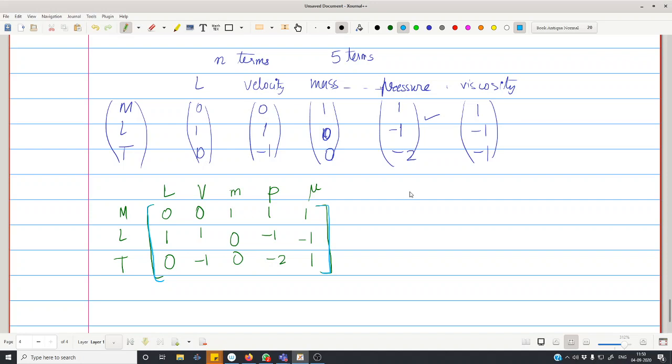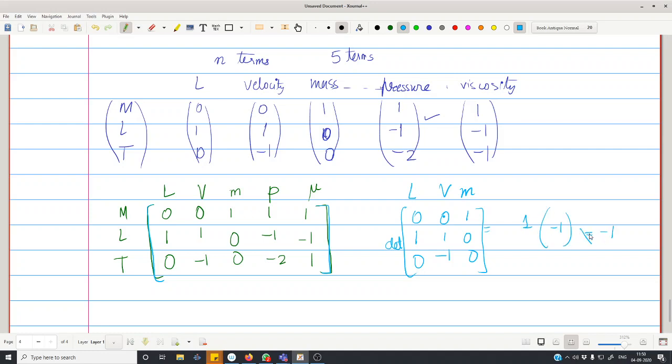Which are the three column vectors which you have used to find the rank? L, V, M. So let us choose L, V and M. The column vectors are 0, 1, 0, 0, 1, minus 1, 1, 0, 0. What is the determinant of this? This is 0, this is 0, so 1 times minus 1, which is minus 1.